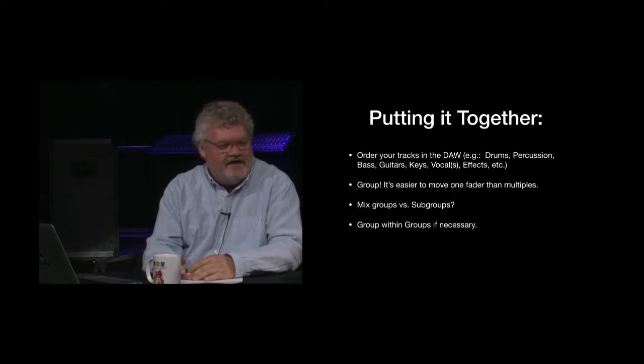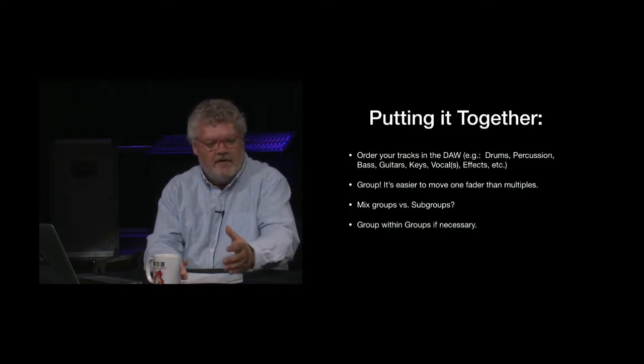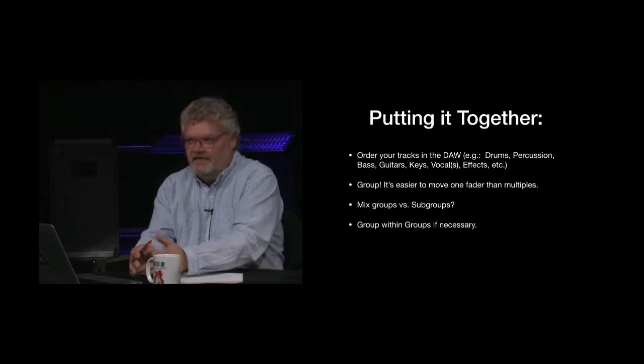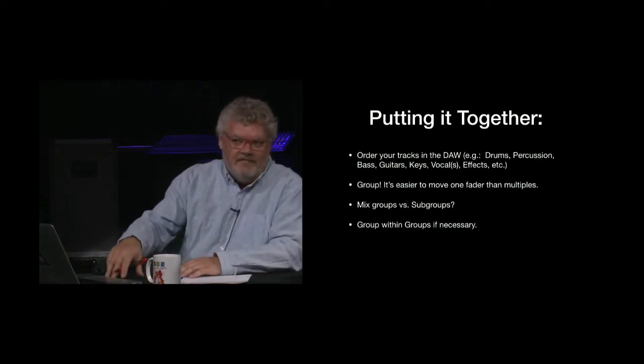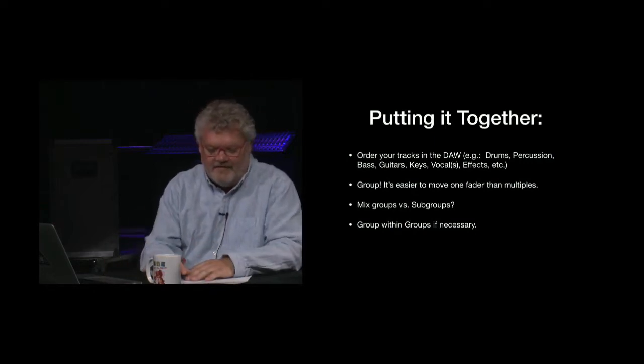I think most of us kind of follow the standard: drums, percussion, bass, guitar, keyboards, then maybe vocals, and effects may come before the vocals. But get everything laid out together so at least you know where everything is. Color coding is a good idea too. Color coding each individual section, so drums, percussion, can help you find things, especially when you're dealing with, I would say, 100 tracks.